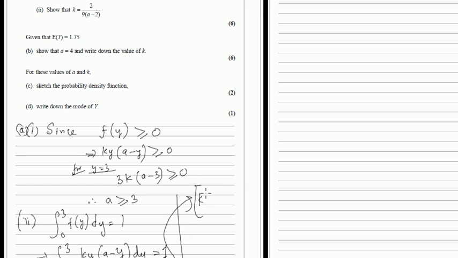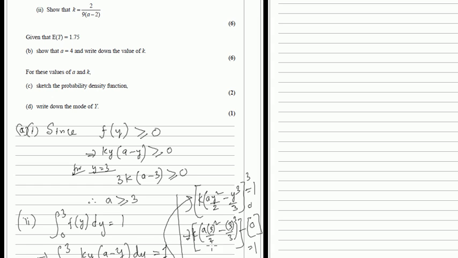Let me put the constant k outside, so it would be k[a y²/2 − y³/3] with limits 0 to 3 equals 1. That means if I put 3 here, it would be k[a·3²/2 − 3³/3] minus, if I put 0, the whole thing would be 0, equals 1.